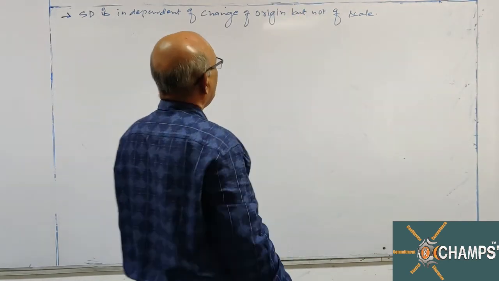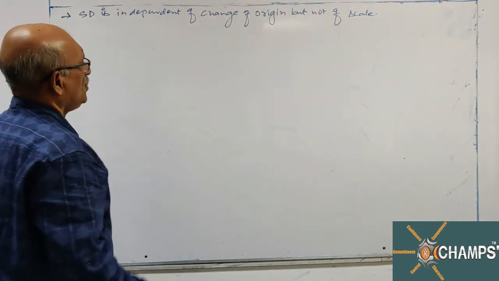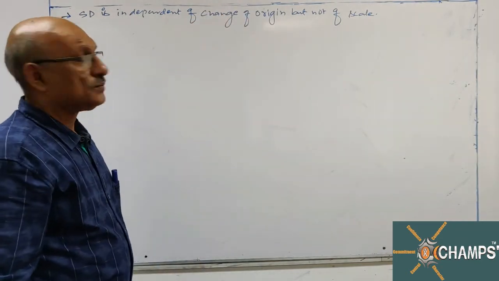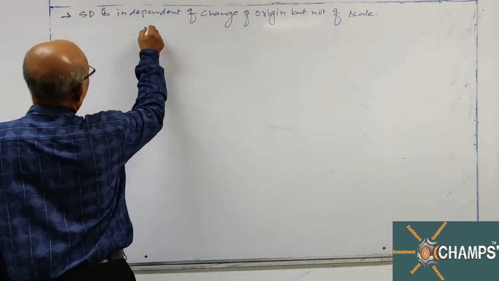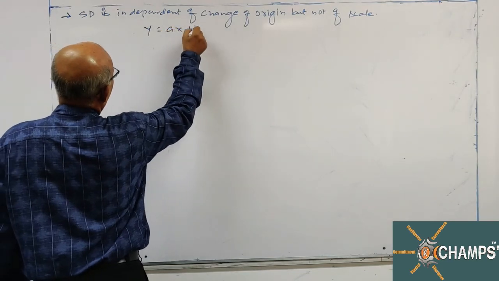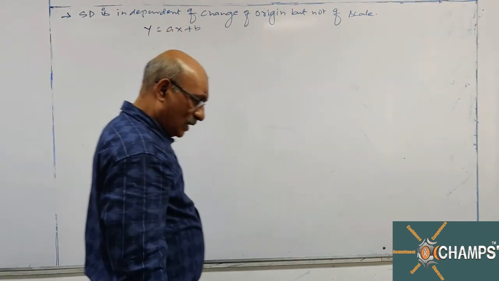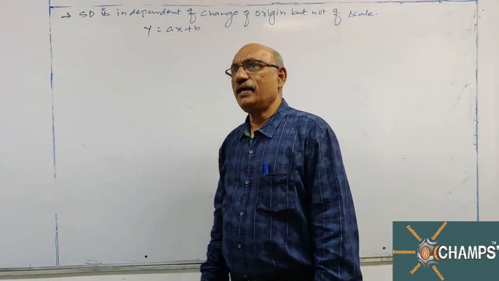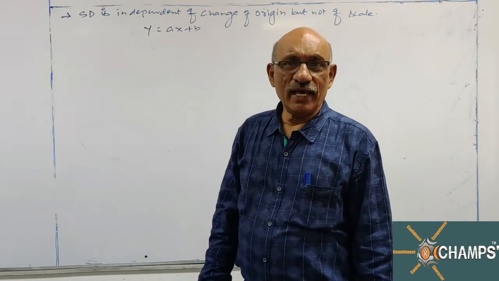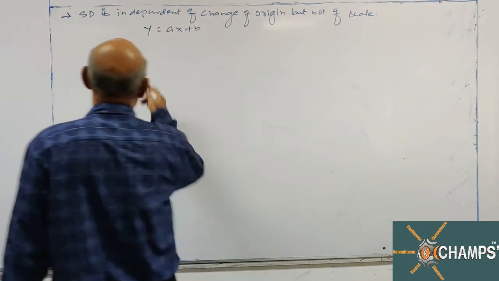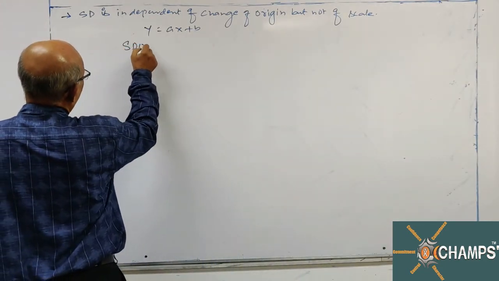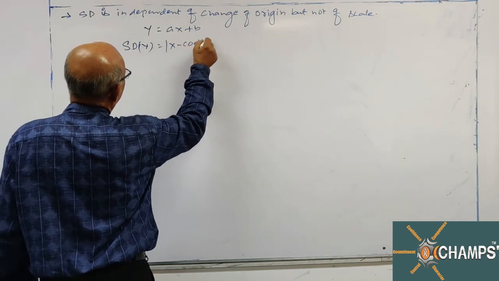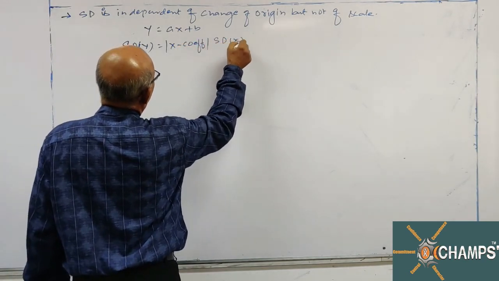So when two variables x and y are related by y is equal to ax plus b, standard deviation of y is equal to modulus of the x coefficient into standard deviation of x.